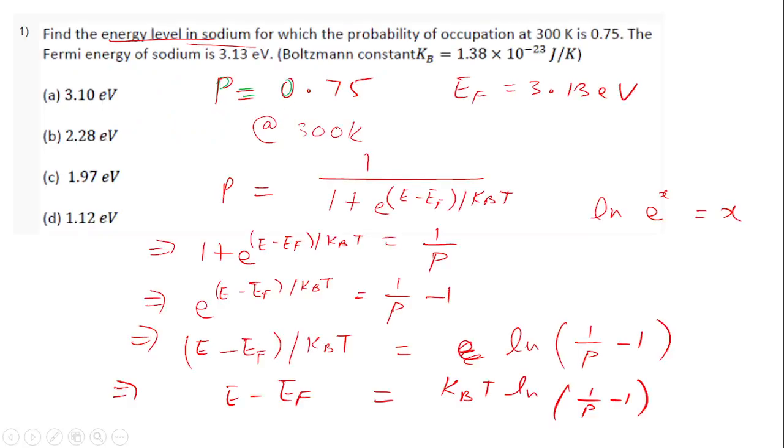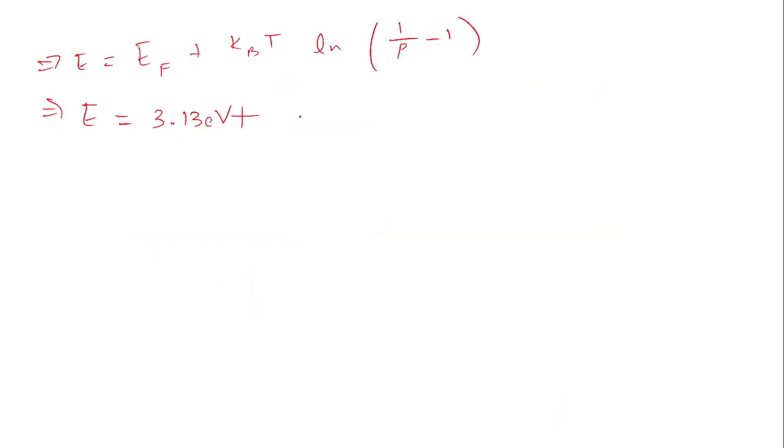kB is 1.38 times 10 to the power minus 23 joule per Kelvin multiplied by 300 Kelvin, and this whole thing will be a constant, and because this was joule per Kelvin multiplied by 300 Kelvin, that means Kelvin is gone.